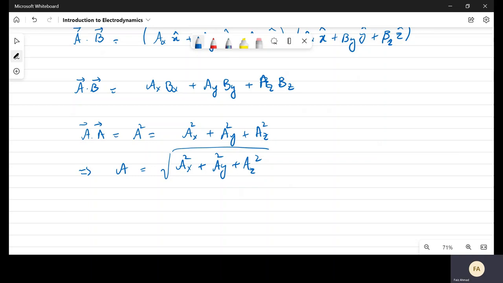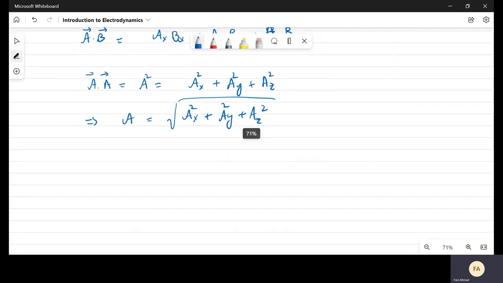And similarly we can define the cross products. The self cross product will be 0 because the cross product is defined with the sine of theta, and self cross product means their angle will be 0 to each other and sine 0 will be 0.